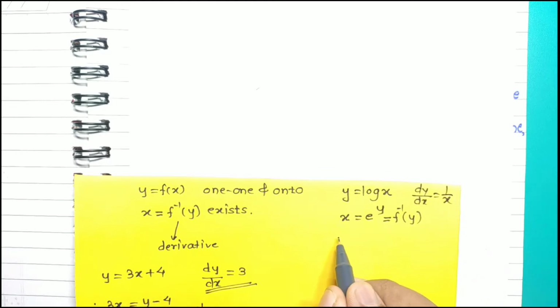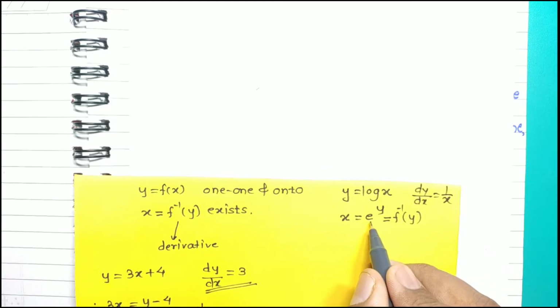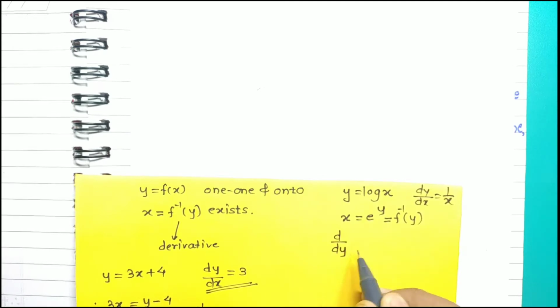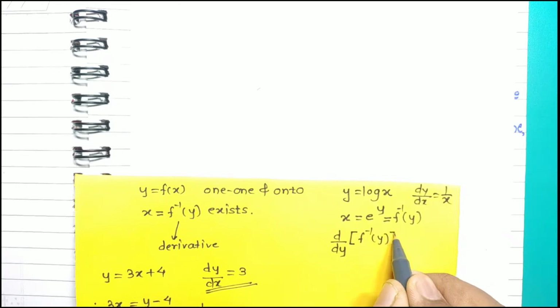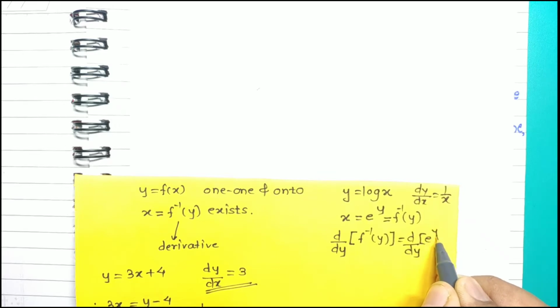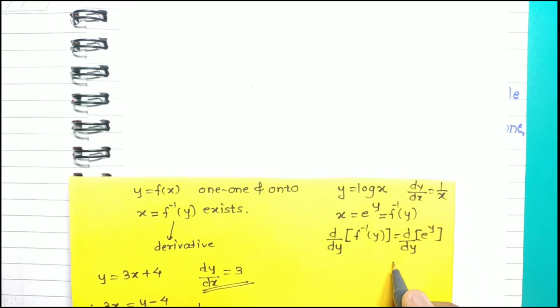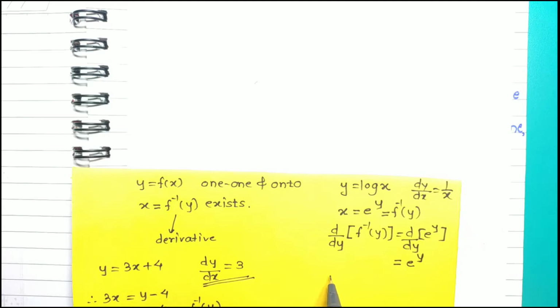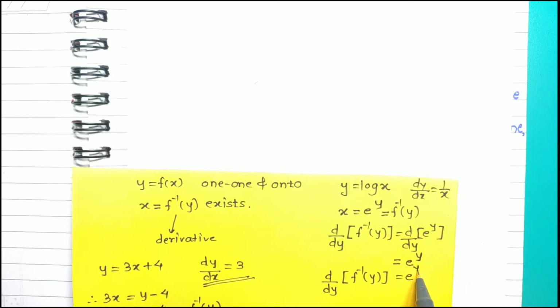Now here this inverse function is differentiable, so we can find its derivative. d by dy of f inverse of y is d by dy of e raised to y, and the derivative of e raised to y with respect to y is e raised to y.